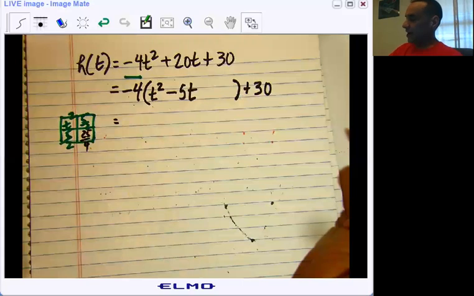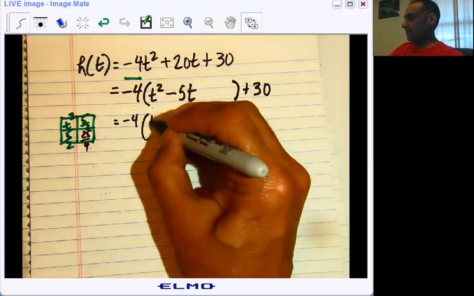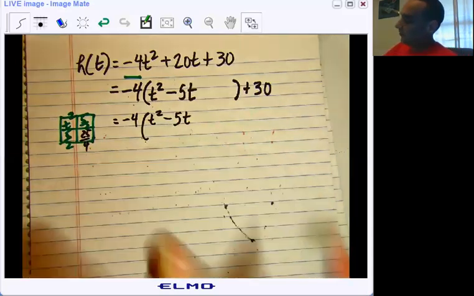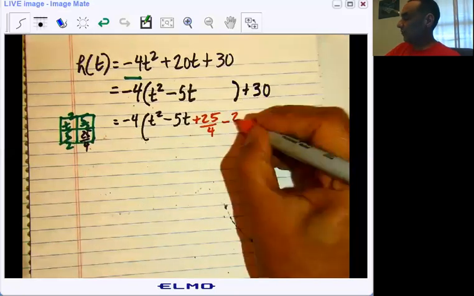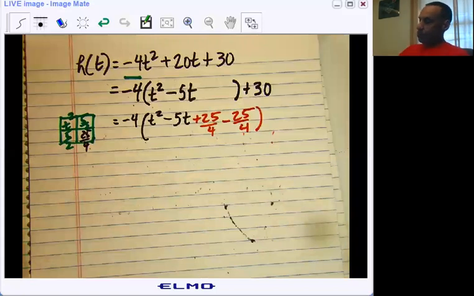So we're going to have to write t squared minus 5t. And then you have to add 25/4. And then you have to subtract 25/4. And then you put your plus 30.